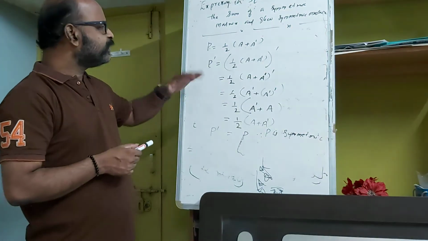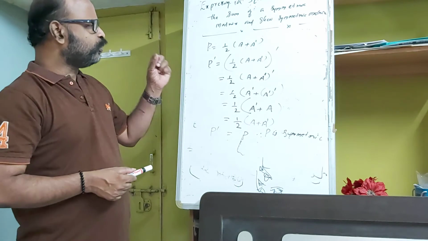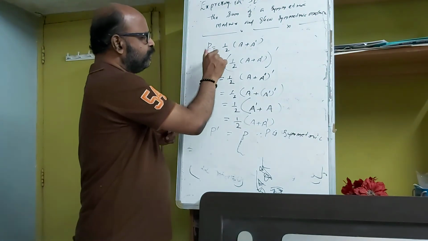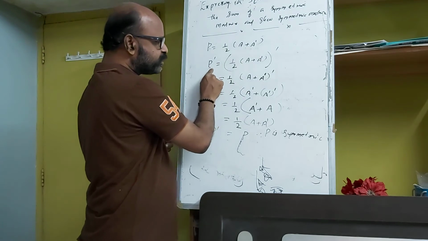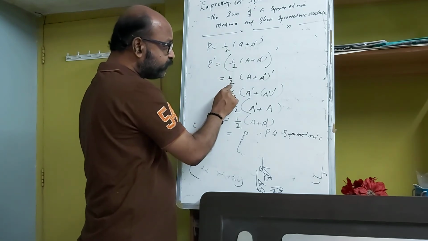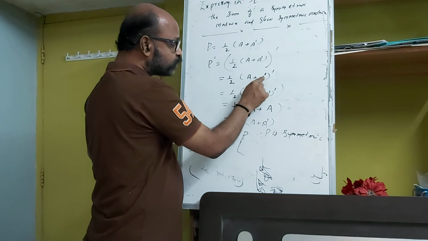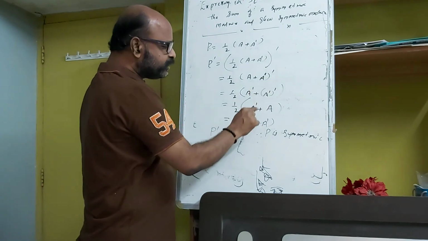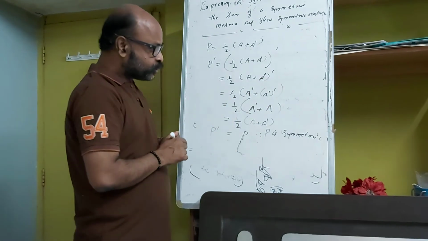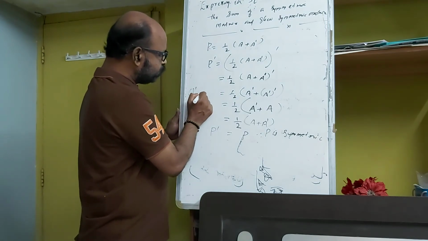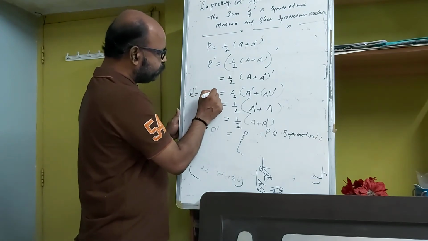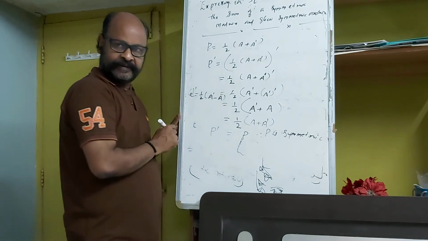In the same manner we can do for Q. The only difference is Q is equal to half into (A minus A transpose). Q transpose will come as half into (A minus A transpose), the whole transpose. The only thing is this plus becomes minus. So when we come to Q transpose, we reach half into (A transpose minus A).